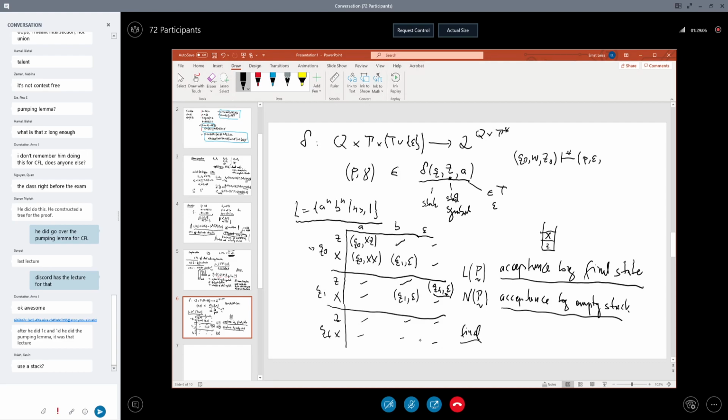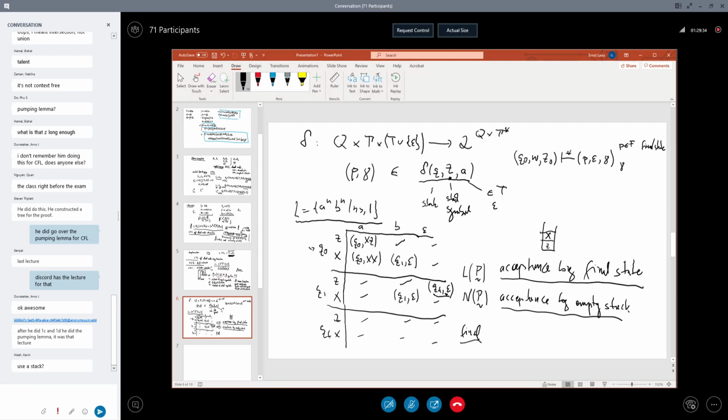consumes the entire word, and has a gamma on the stack, stuff on the stack, then acceptance by empty stack is gamma, well, let's go in the order. Final state: if P is an F, then this is acceptance by final state.